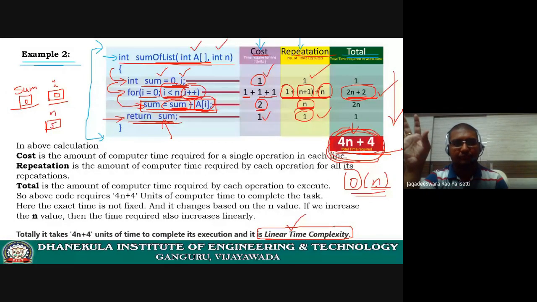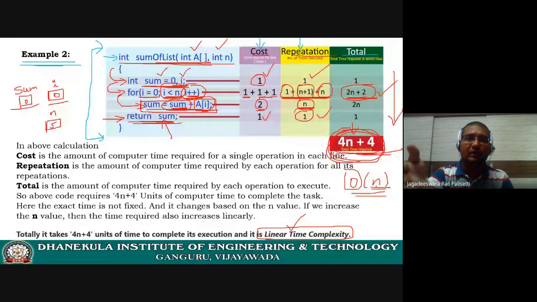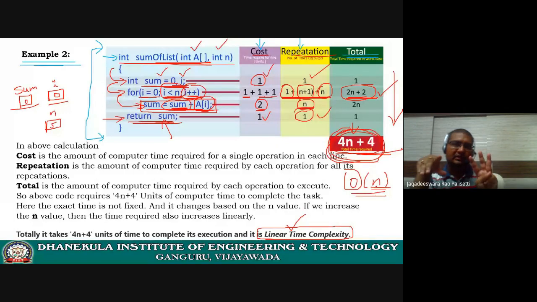Even if you take n equal to 100 or 1000, then 4 into 1000 plus 4, 4004, is the maximum time this piece of code will take. So we have 3 notations in time complexity: best, average, and worst.